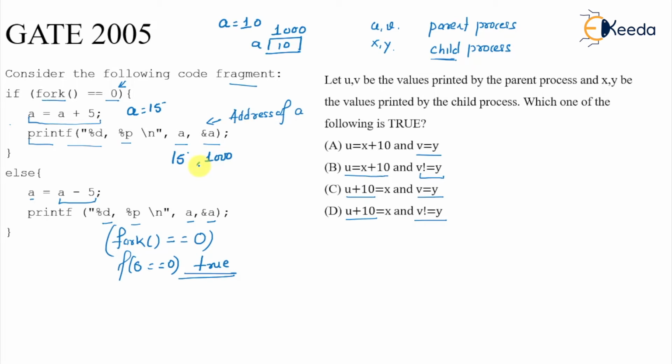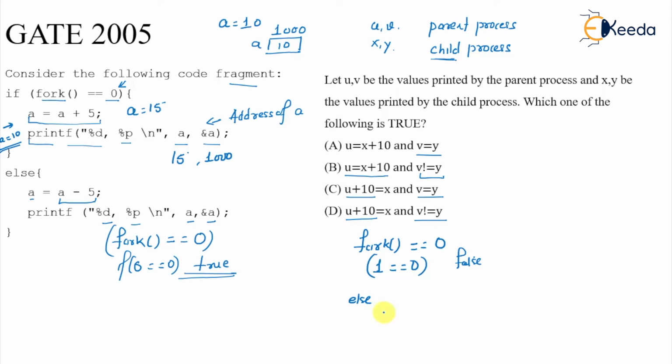Now in the parent process, the value of a will still be 10. The fork statement returns 1 to the parent process, and it will check if 1 is exactly equal to 0, and that is false. So it will go to the else part.